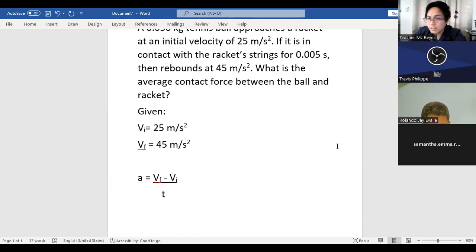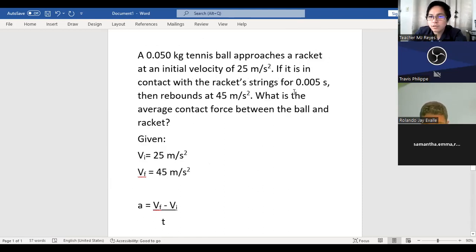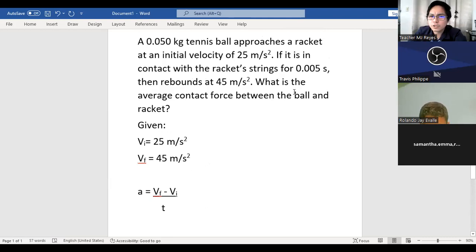Is this a trick question? Actually, you need to analyze the situation and the question. If the initial is 25 and the final is also 25, the body is not moving. Yes, sir, I was confused.